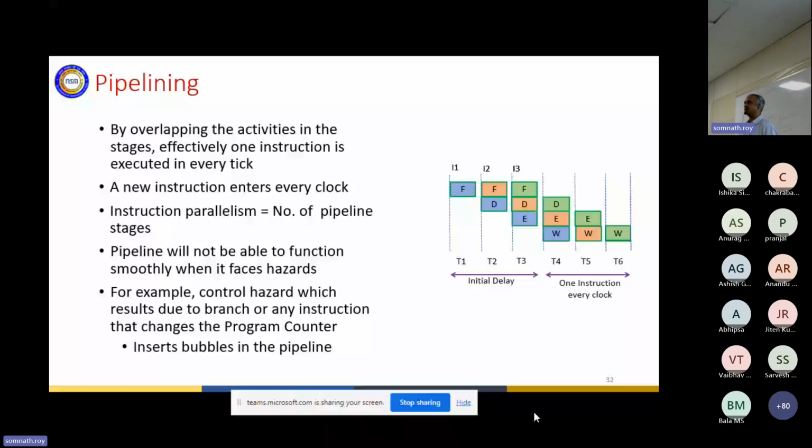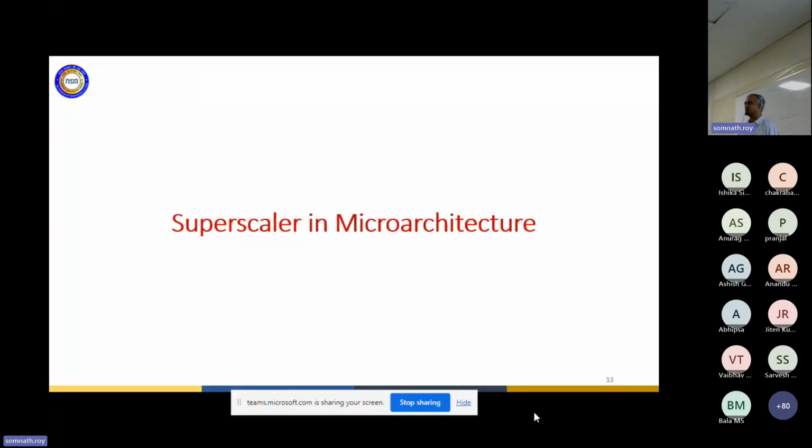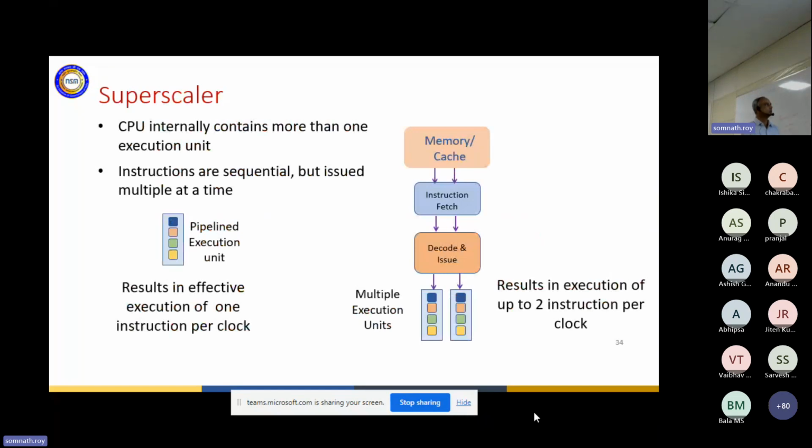Now coming to the next part, we said that execution units are superscalar. What does it mean? This unit, the pipeline execution unit, already has parallelism. Now, instead of one unit, you have two such units.